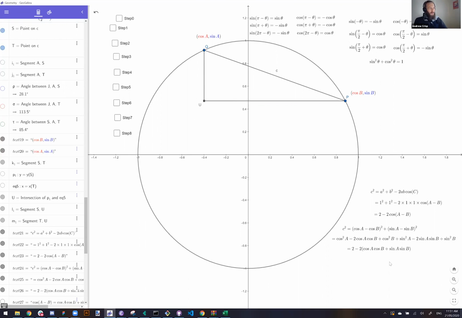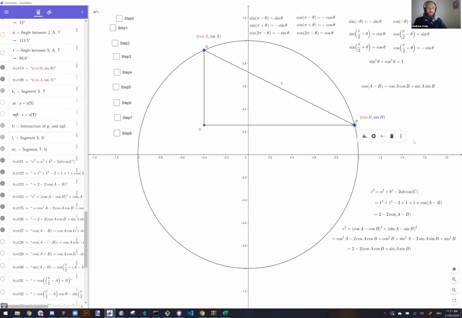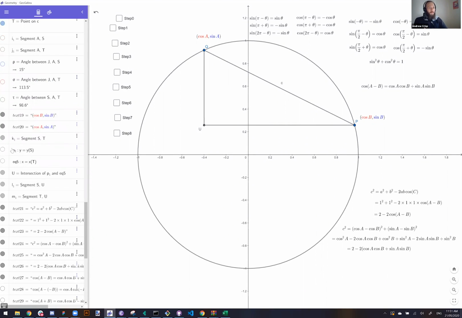If they're equal, then they're equal without the 2 minus 2 times as well. And so that's how we get our first double angle identity. Cos of A minus B is cos A cos B plus sine A sine B. This one is hard to remember, but thinking about this proof will go a long way.